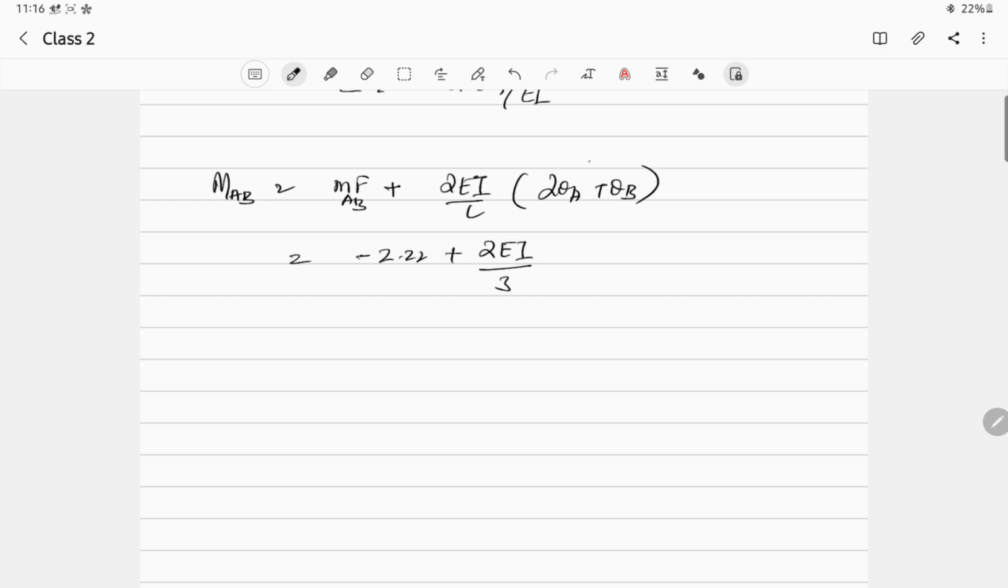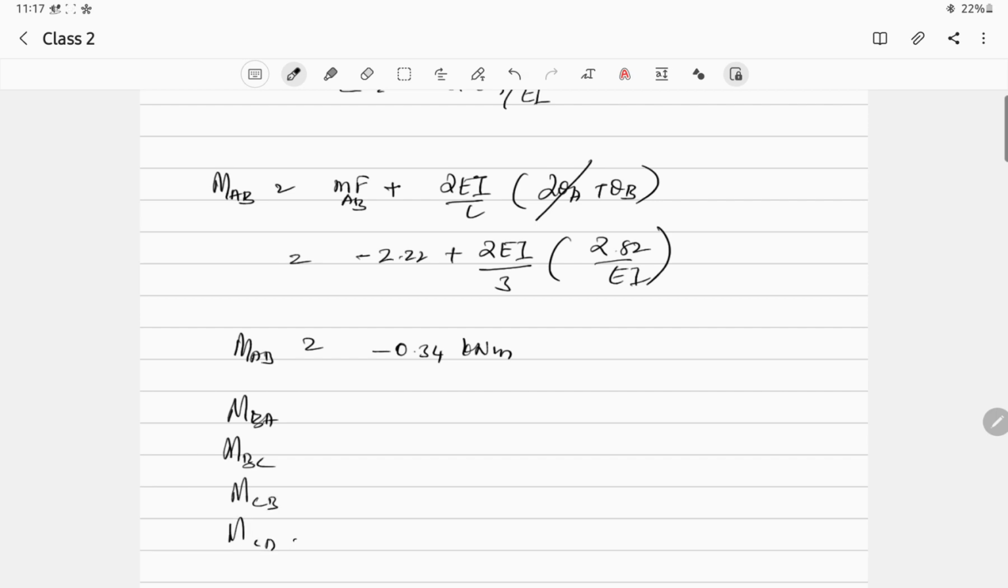Then theta A will be equal to 0. Then theta B value we got as 2.82 by EI. So simplify this one, you'll get the value of MAB. MAB is equal to 0.34 kilonewton meter, which is minus. Okay. Similarly, you'll get the value of MBA, then MBC, then MCB, and then MCD finally.